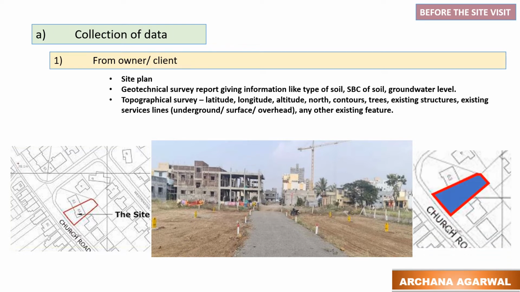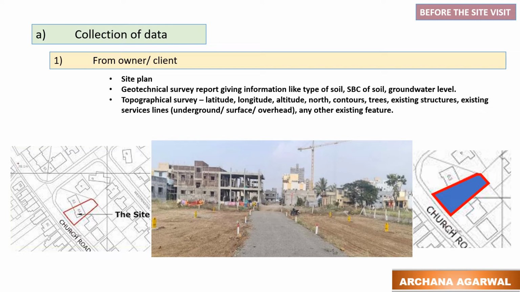If topographical survey has been conducted by the client, then geographical data like latitude, longitude, altitude, and north direction can be obtained besides other data like contours, trees, existing structures, existing services lines which may be underground or on surface or overhead, and any other existing feature.